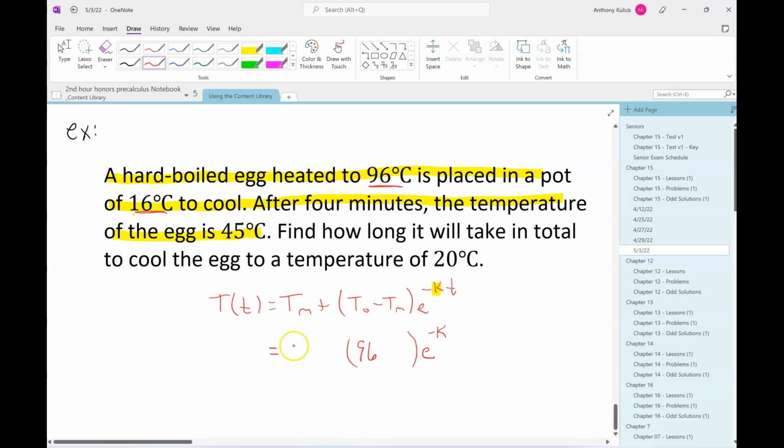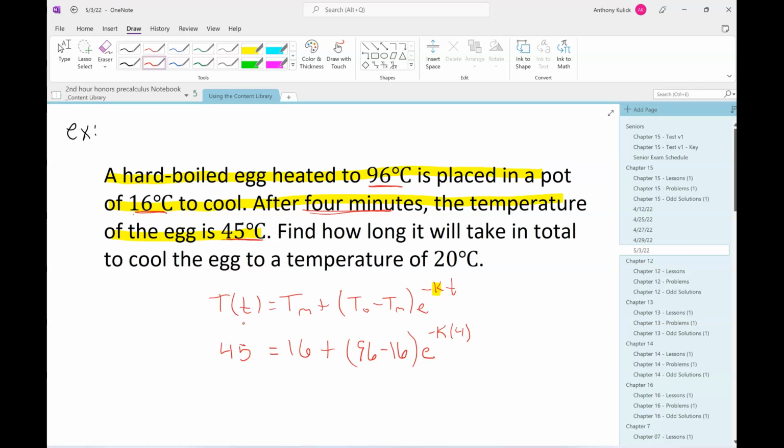TM, that's the temperature of the medium or of its surroundings. We have 4 minutes. Hopefully nobody has any questions that has to be the T. So the 45 then has to be our T of T, which makes sense because that's the temperature 4 minutes after removal from heat, right?